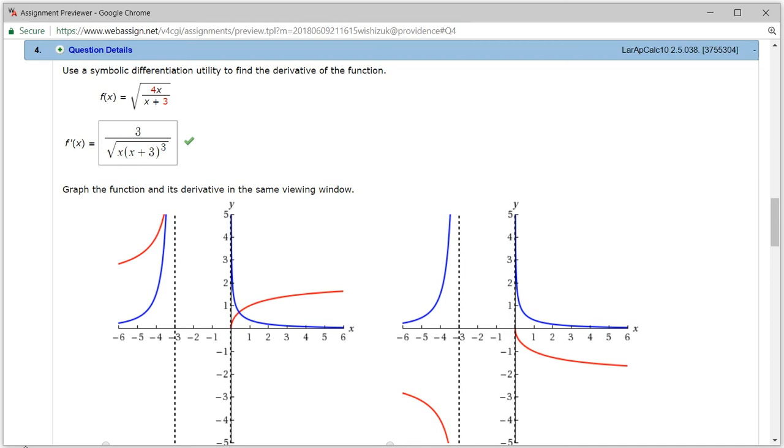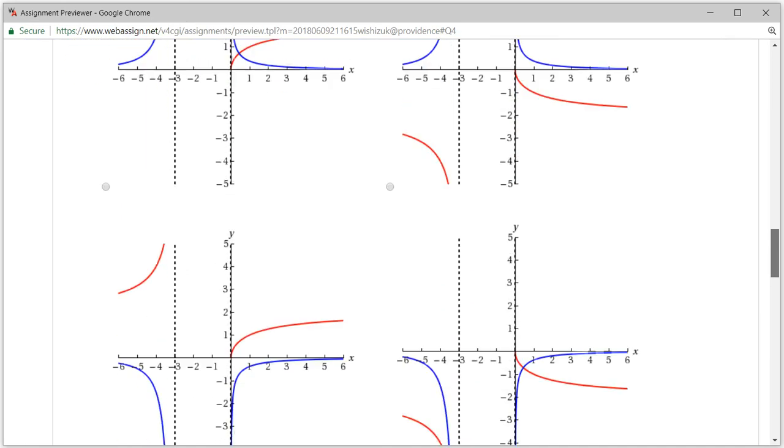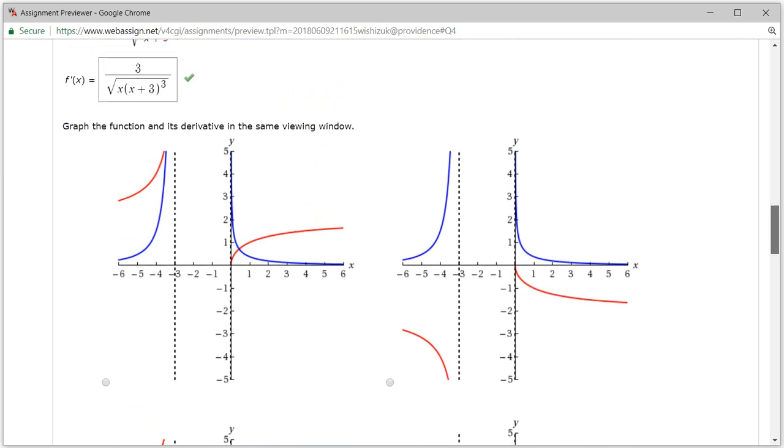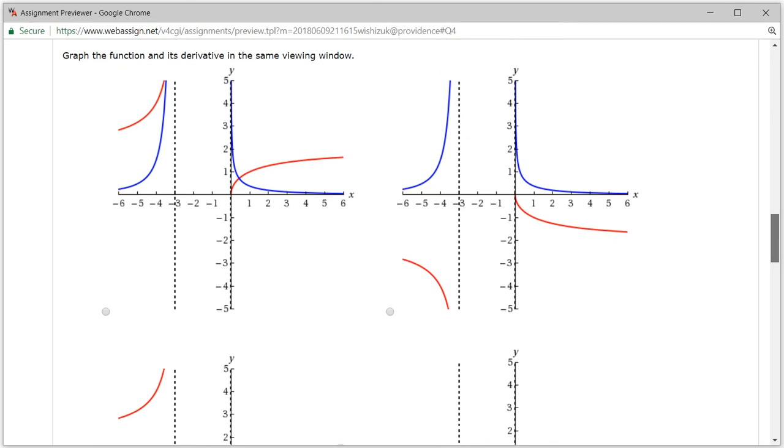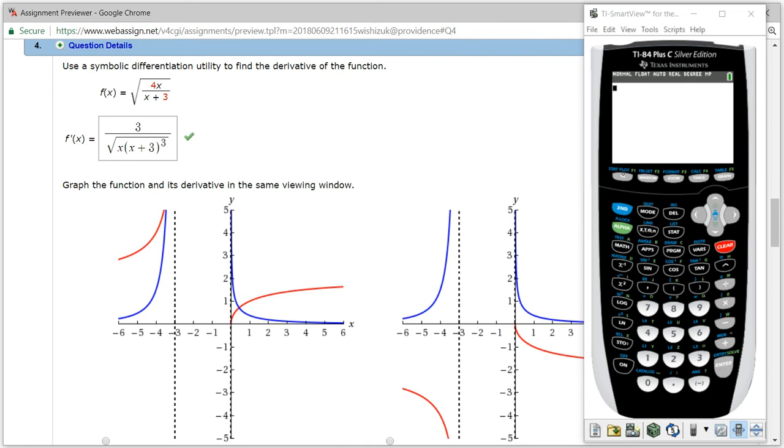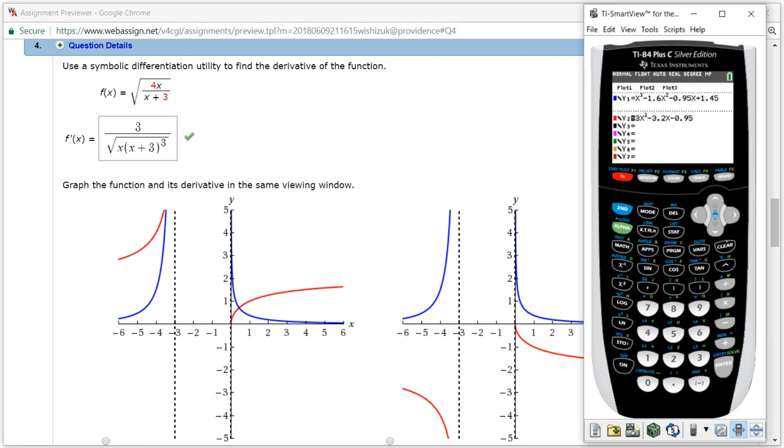Next part, we want to sketch the graph of the original function and its derivative. Let's pull out the graphing calculator. I'm going to type in, I have to get rid of the previous junk here. I'm going to write the square root of 4x divided by the quantity x plus 3.